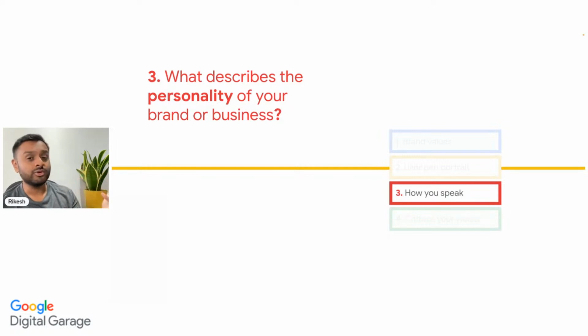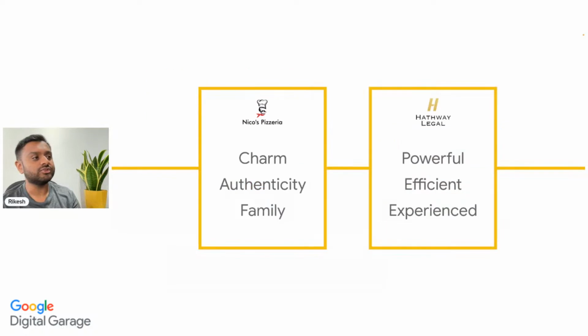Now, step three, we've actually gone through here in terms of describing the personality of your brand or business, because when we went through that question of if your brand or business was a celebrity, who would it be and why, you would have seen three words, and that's the same that we've created here with Nico's Pizzeria.